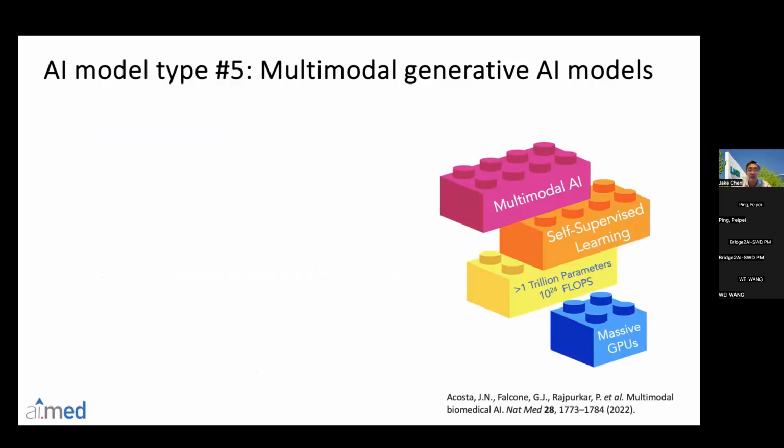And then the trend of generative AI model is to make the generative AI model self-supervising. That means that you only need a few instances, not a lot of instances, and then to succeed, and multimodal with many, many parameters.